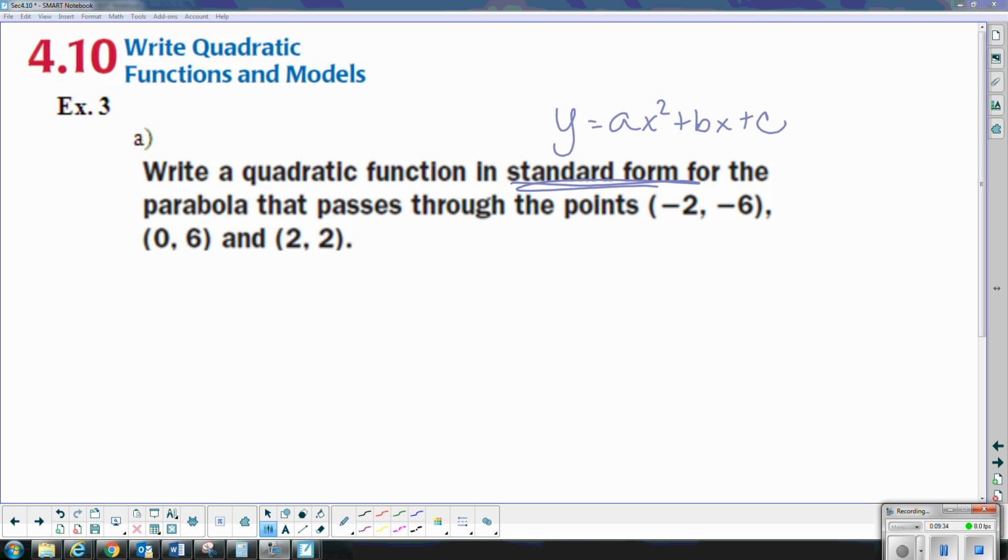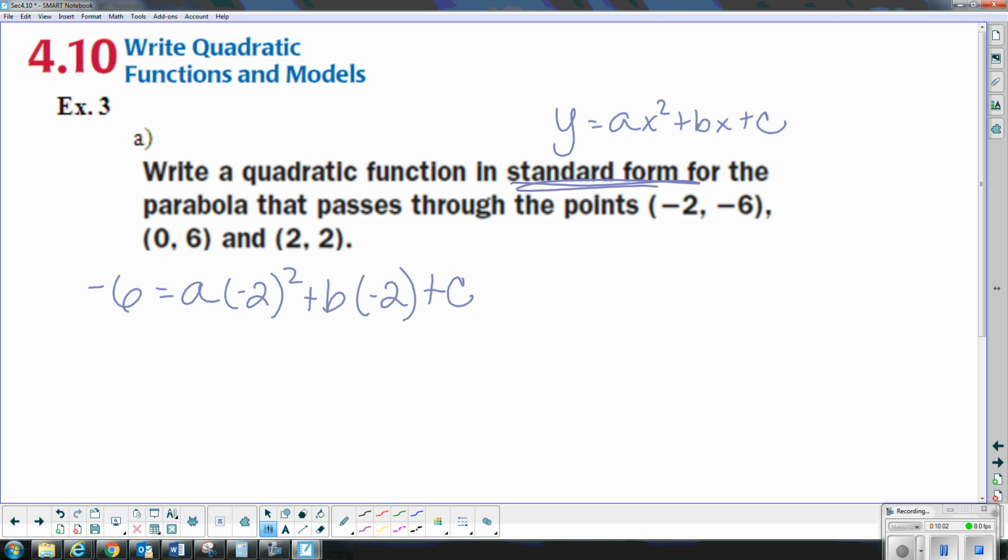So let's start with the first point, where y is -6 and x is -2. So we have -6, that's our y, equals a x squared plus b x plus c.